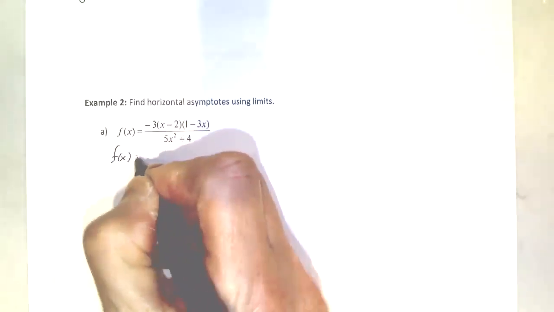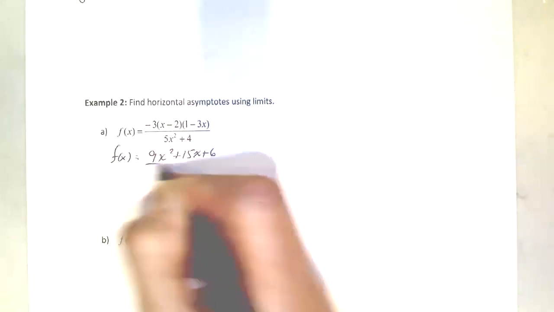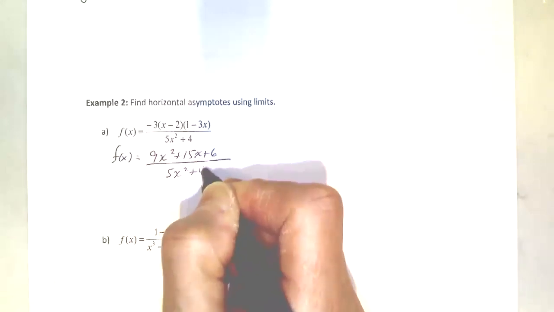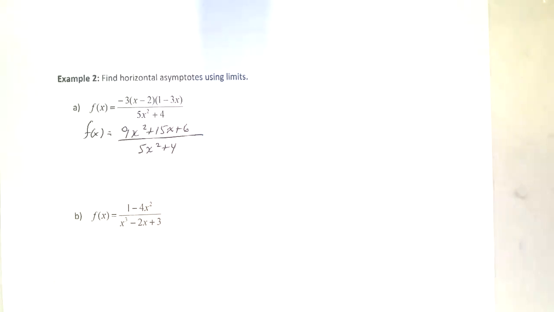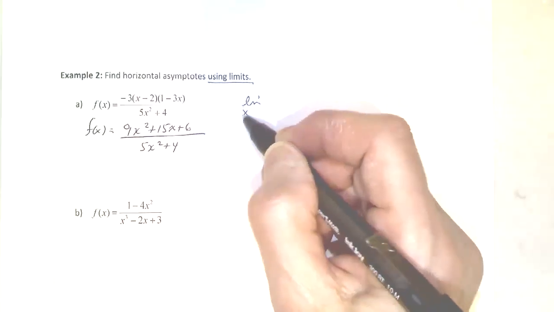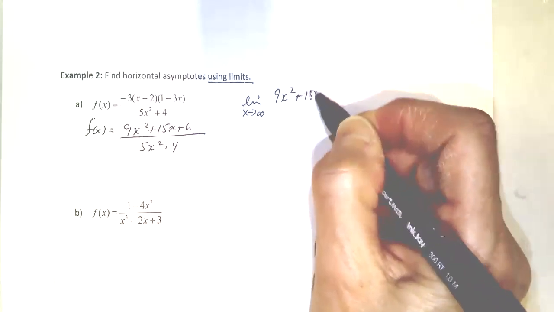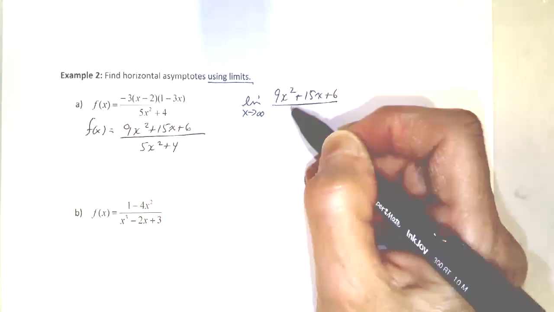So I'm going to do that on scrap paper and come up with the answer 9x squared plus 15x plus 6 over 5x squared plus 4. So really the task is you find the horizontal asymptote using limits, which means evaluate the limit as x goes to infinity. So I'm going to show you that technique, and that is the part that is new.